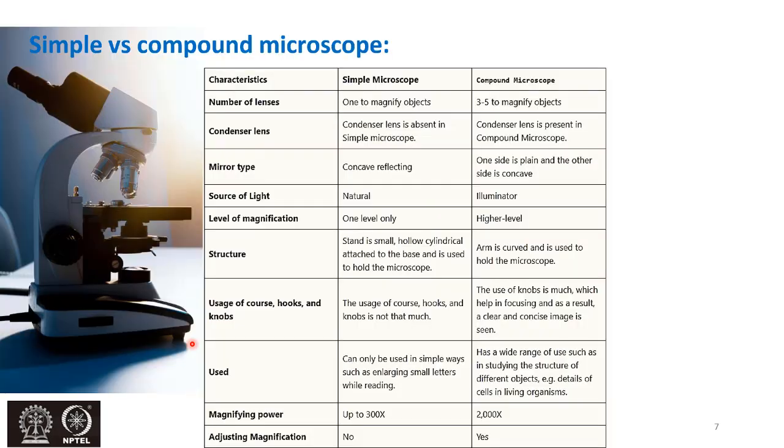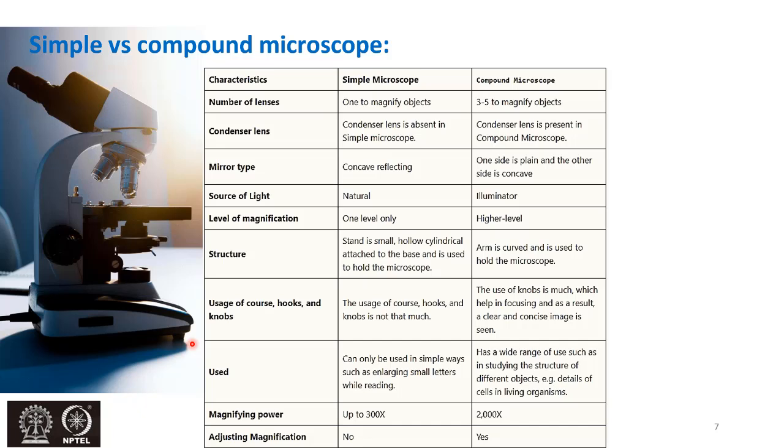Then the difference between the simple and compound microscope. A simple microscope uses only one lens, and in the compound microscope we can use 3 to 5 lenses. Then condenser lens: in the simple microscope we do not need any condenser lens, so it is absent. But in the compound one we need a condenser lens, and it is present in the compound microscope.